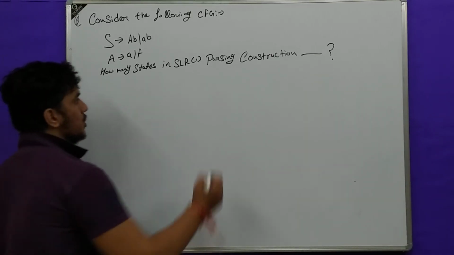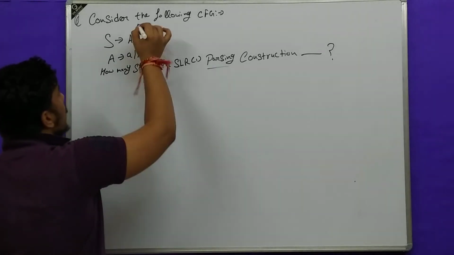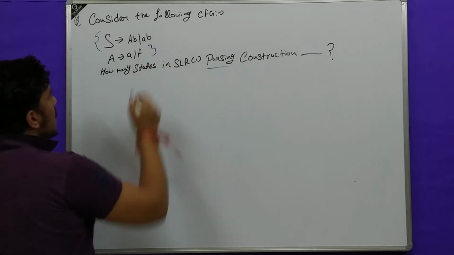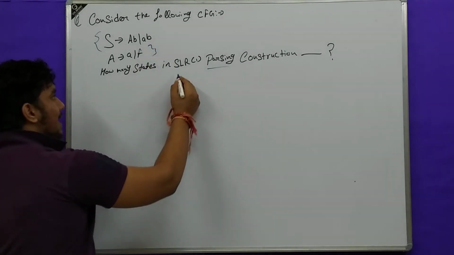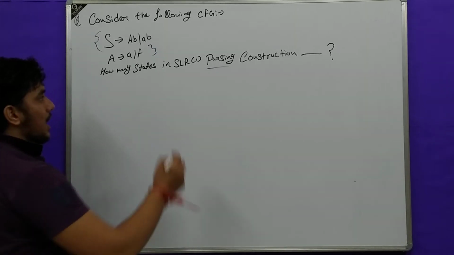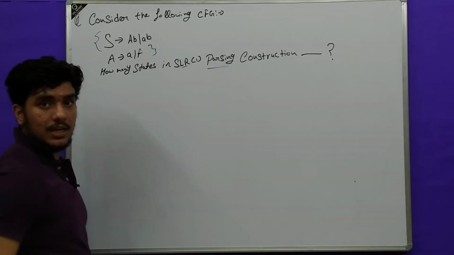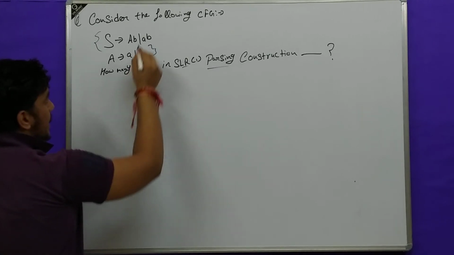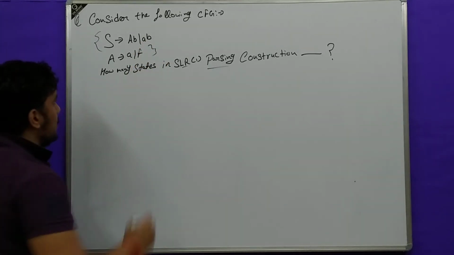Let's take another question on parser. Consider the following CFG. Here is the grammar. How many states in SLR1 parsing construction? So we have to construct an SLR parsing state diagram. So take the grammar and make the augmented grammar.